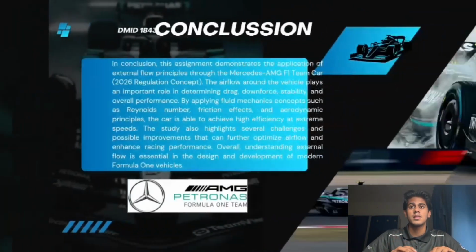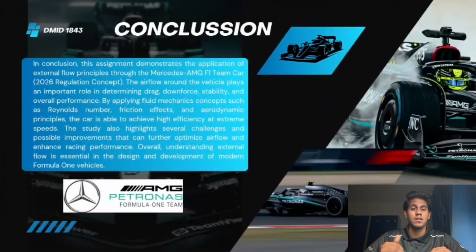In conclusion, this assignment demonstrates the application of external flow principles through the Mercedes-AMG F1 team car with the 2026 regulations. The airflow around the vehicle plays an important role in determining the drag, the downforce, stability, and overall performance of the car. By applying fluid mechanics concepts such as Reynolds numbers, friction effects, and aerodynamic principles, the car is able to achieve high efficiency at extreme speeds during corners and straights.